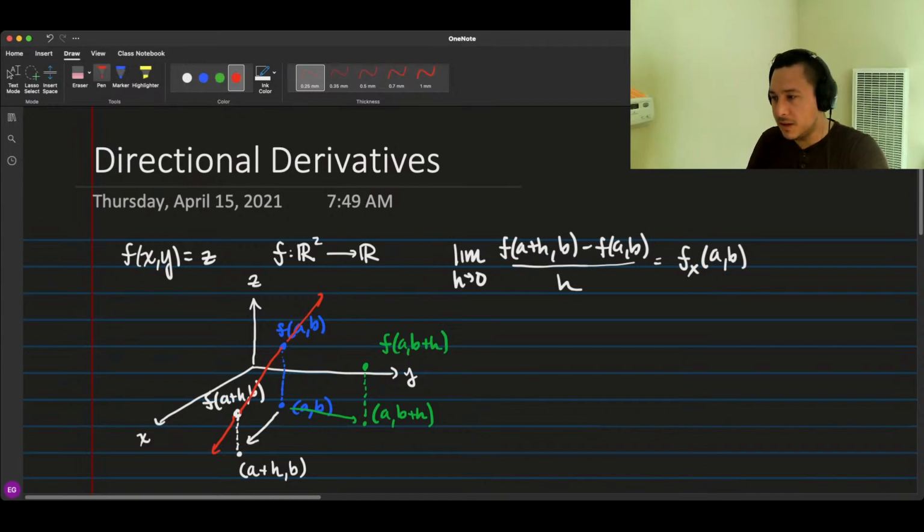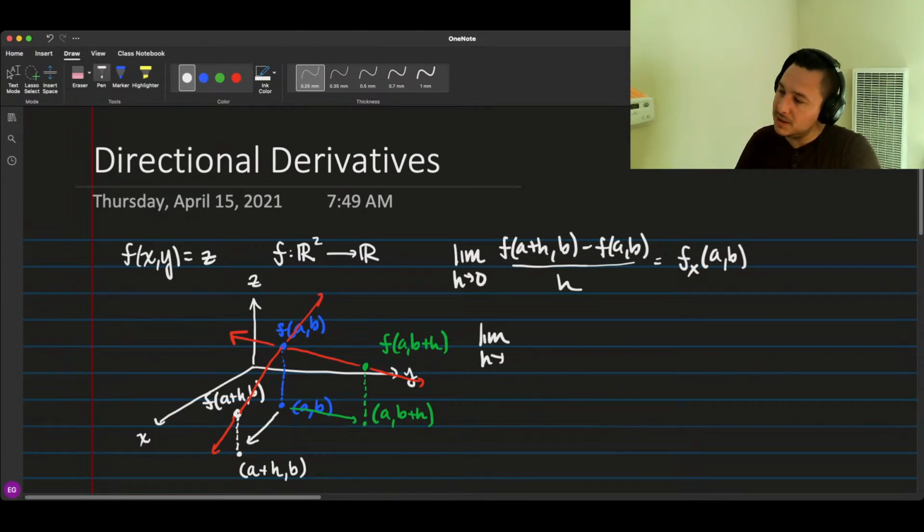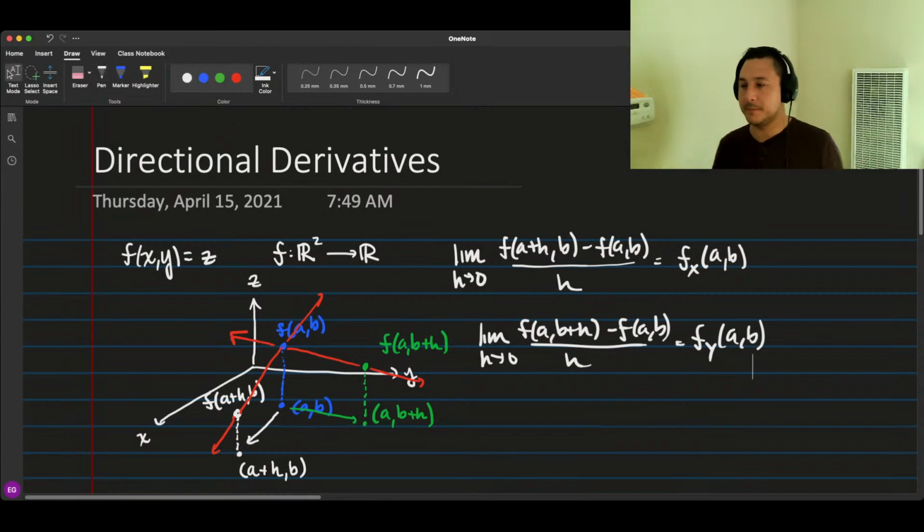Then you could form your secant line with those two points. And what would that give you? Well, that would give you the limit as h goes to 0 of f of a comma b plus h minus f of a comma b, over h, and that would give you the partial derivative with respect to y evaluated at a comma b. Okay, right?